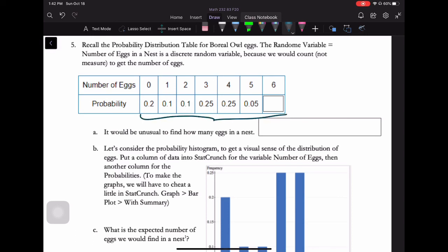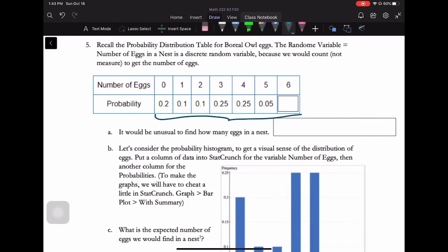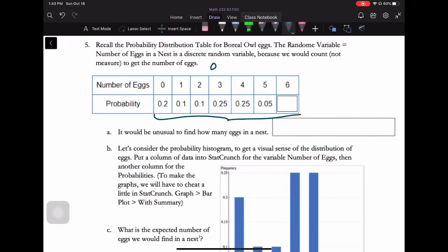So that's 0.2 plus 0.1 plus 0.1 plus 0.25 plus 0.25 plus 0.05 plus something has to equal one whole. If you add these up, that's 50, 60, 70, 80, 90, 5. That is 95%. So the missing value would be 0.05.